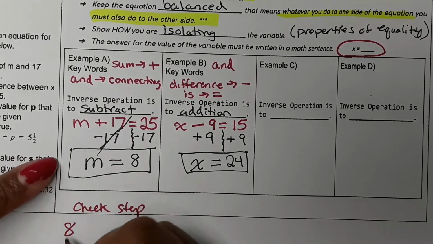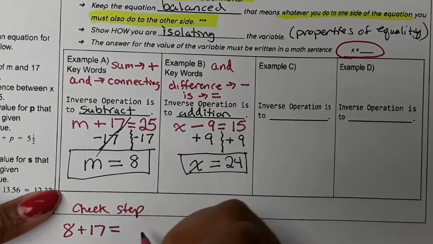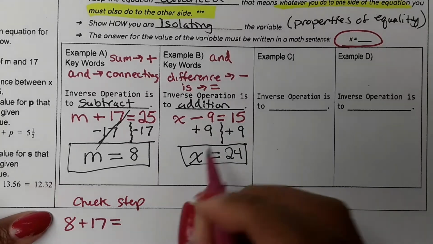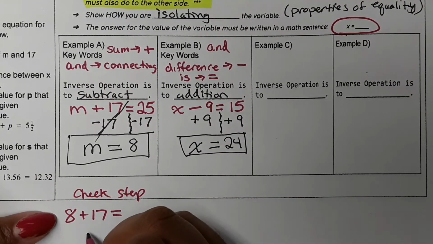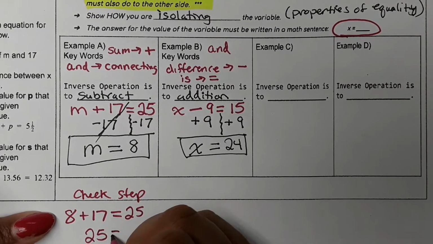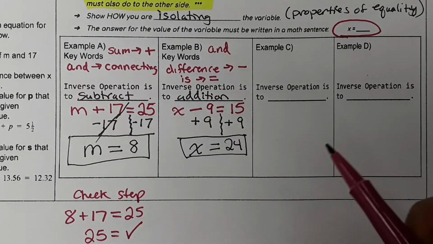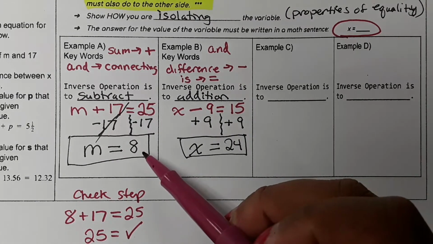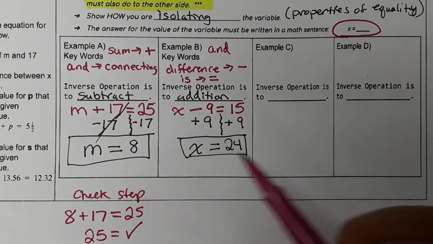So instead of m plus 17, I'm going to put 8 plus 17. When I solve that, it should give me 25 if I did it correctly. Now 8 plus 17 is in fact 25, and my original problem said it would equal 25, which means check, I got it right. That means I can leave with confidence knowing that my value for m is correct.